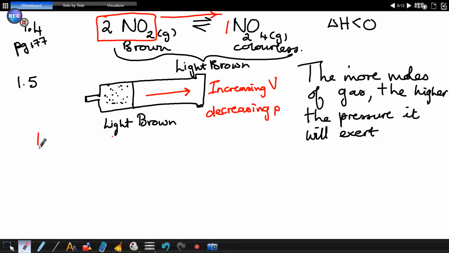So initially, the light brown gas will go lighter brown. At that moment you pull it out, you'll see it goes lighter brown, because of the increasing volume, the concentration of the gas is decreased.